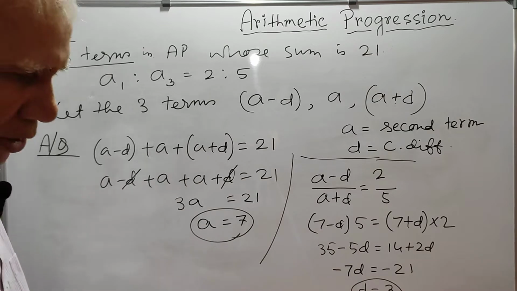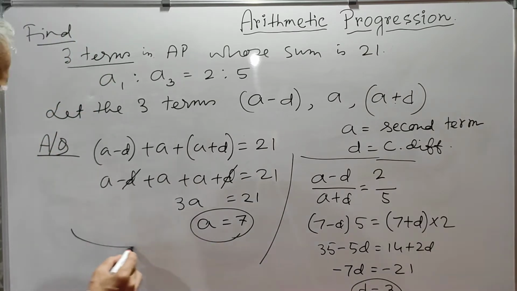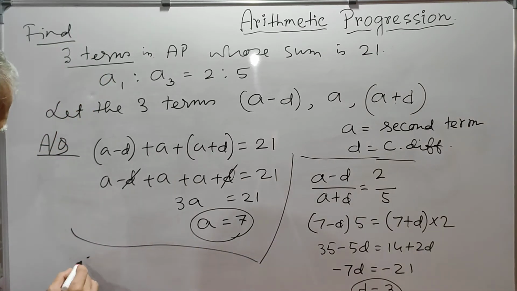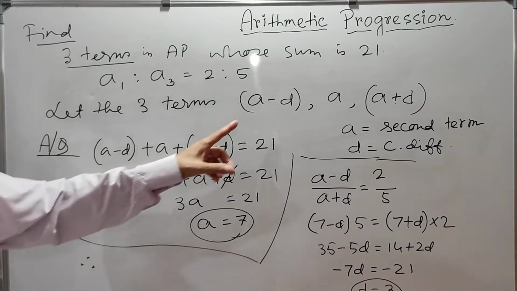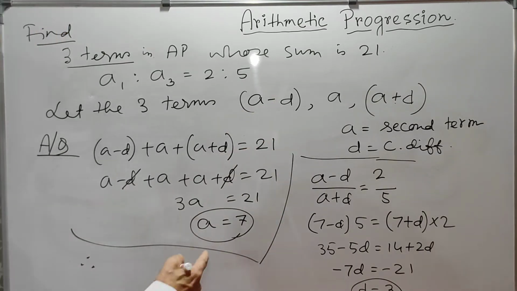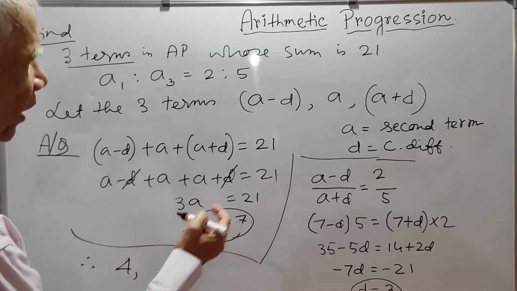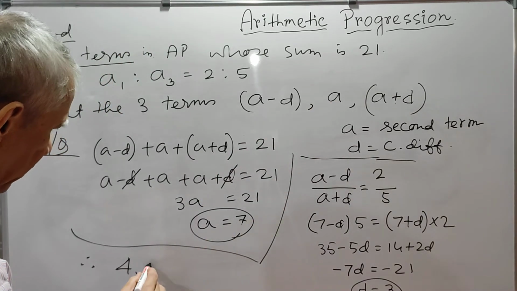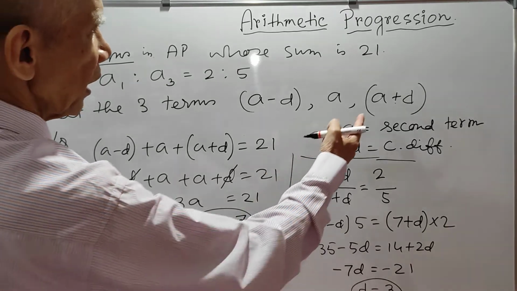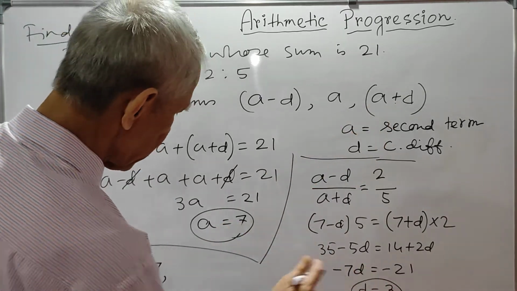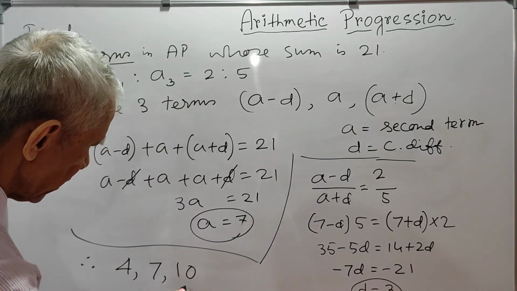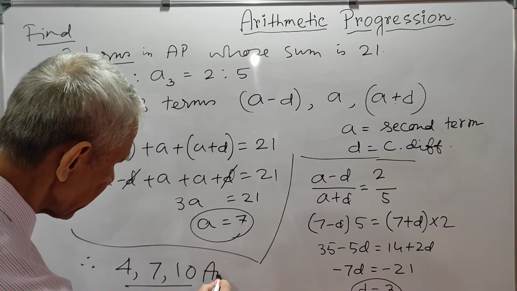Therefore, what are the three terms? A minus D, that means 7 minus 3, which is 4. Then A is 7. And then A plus D, that is 7 plus 3, 10. So these are the three numbers and that is the answer.